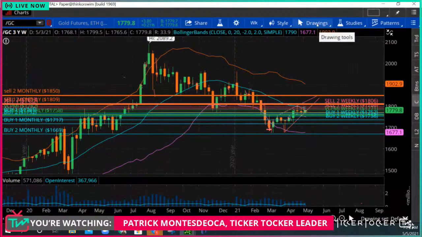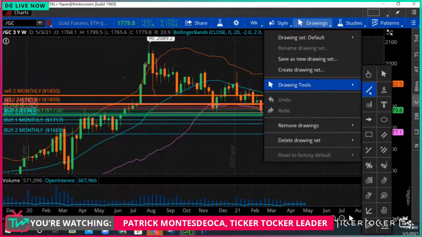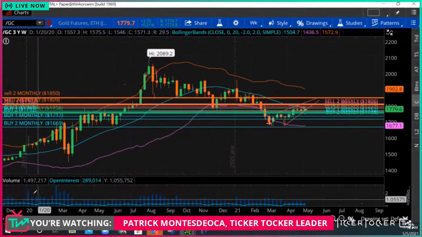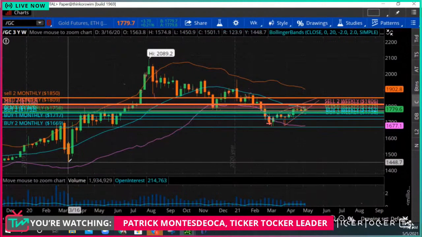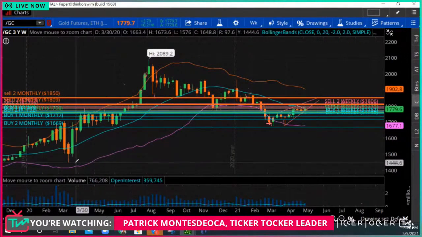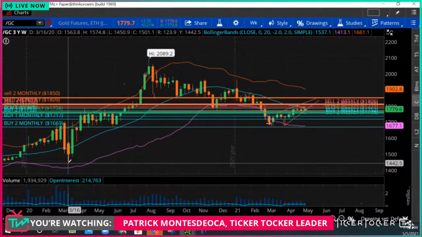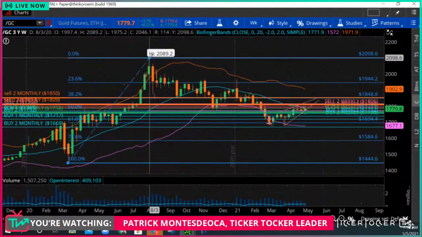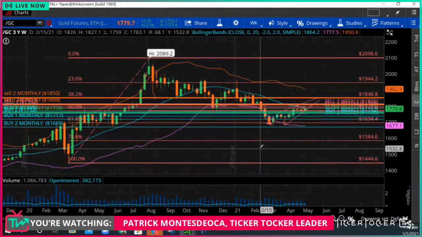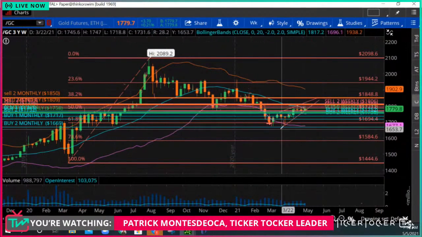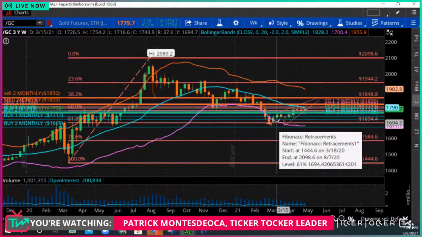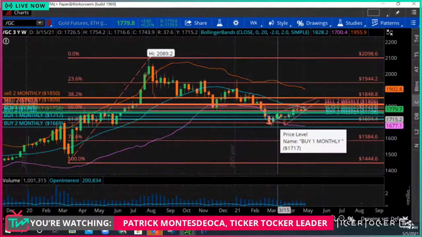If we take a look here for a minute and we do a Fibonacci retracement here, what you're going to see is the market coming down right into what is called a golden ratio Fibonacci retracement.